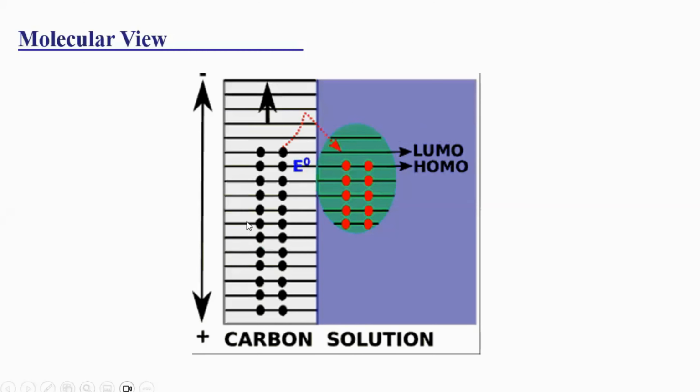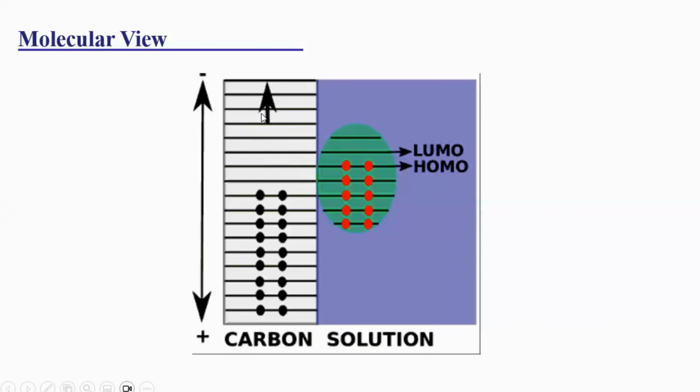When I apply the potential, the energy levels of the electrons keep on increasing. At a certain point, the energy level of the HOMO of the electrode will be higher than the HOMO of the analyte. At that time, the electron can hop from the HOMO of the electrode to the LUMO of the analyte.